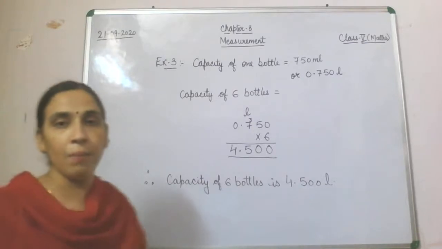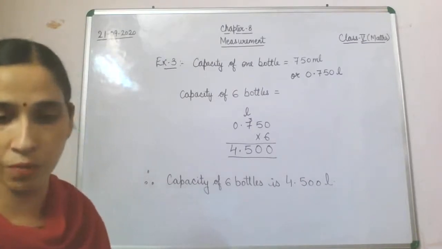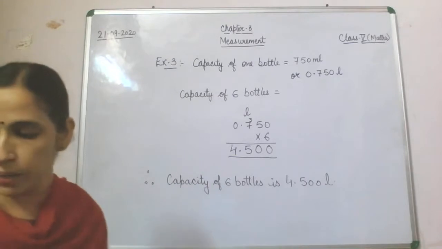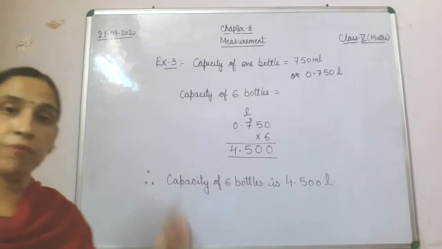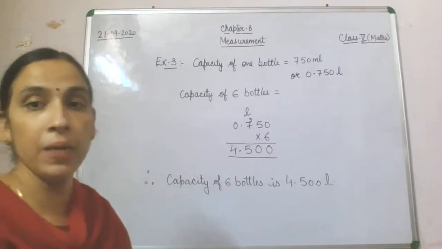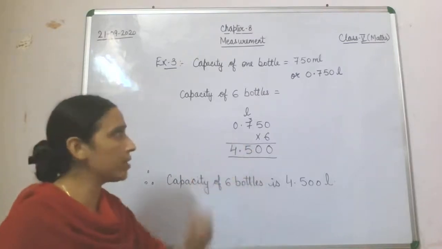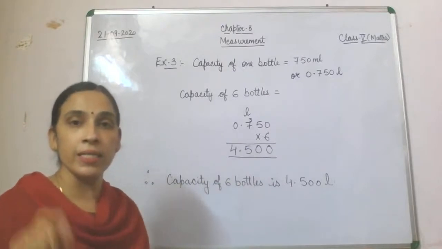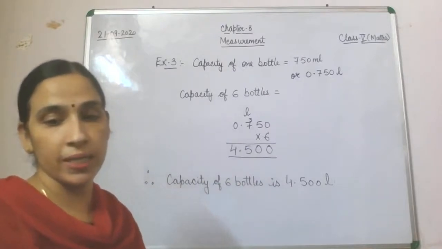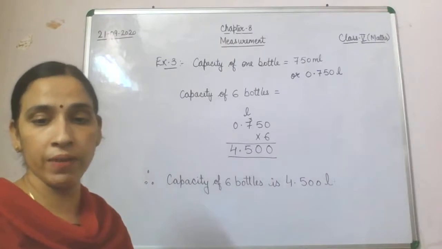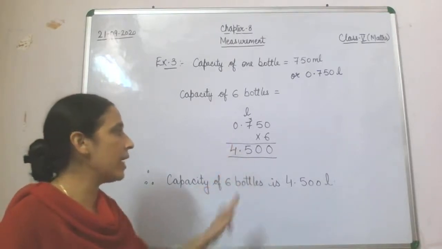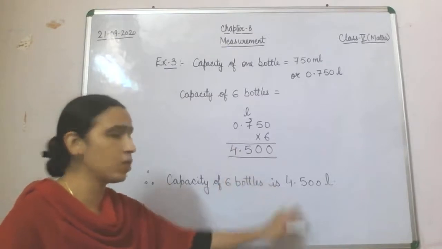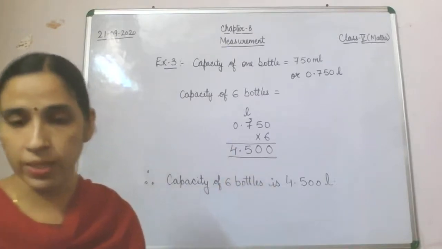Now this example, I hope that example is clear. What is given here? You have been given the capacity of one bottle, that is 750 ml. Now the first step is to write that ml into liters, that we have converted to 0.750 liters, and then 0.750 liters will be multiplied by 6, and this will become the capacity of 6 bottles.